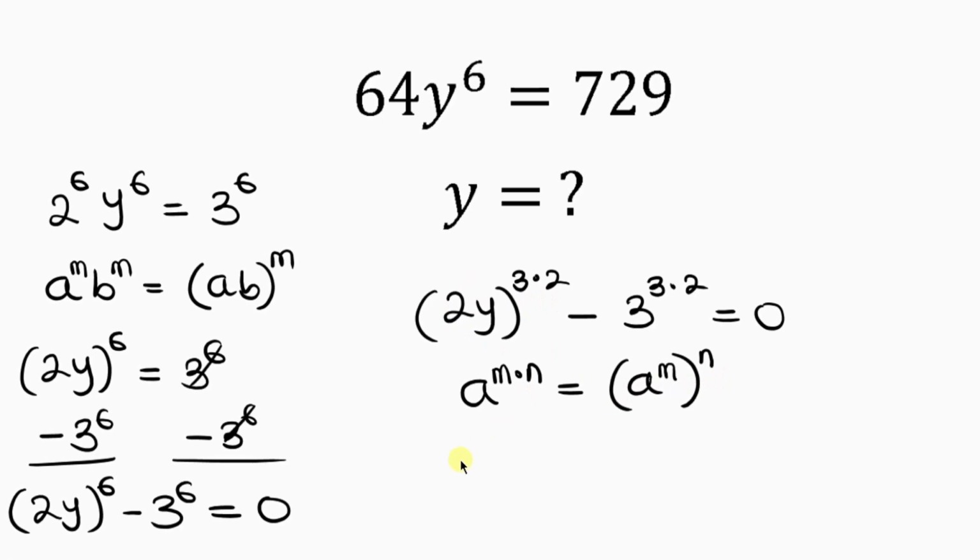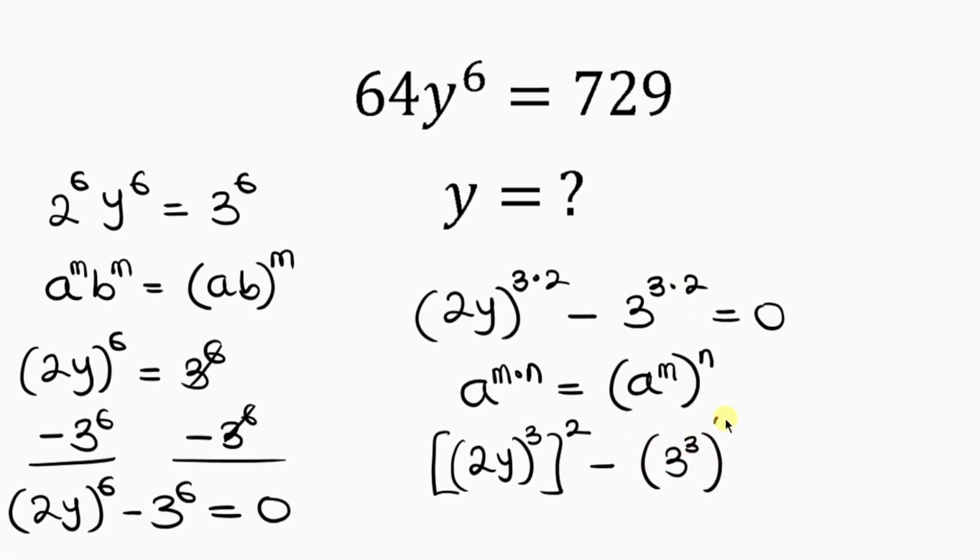So this becomes 2y raised to the 3, and this will be raised to the power of 2. Minus, we do this the same way. This becomes 3 to the 3, and this is raised to the 2. Very good. This is equal to 0.